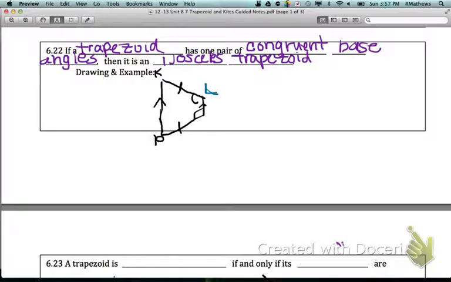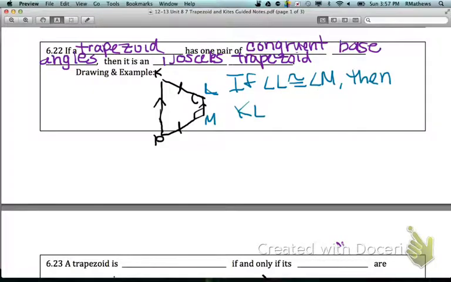That's L. And this is M. So what we're saying is that if angle L is congruent to angle M, then KLMP is an isosceles trapezoid, just by having one set of base angles congruent. And we know that what that would eventually mean must be that K and P would also be congruent. We can take that from the previous theorem. That would be adding the two together.